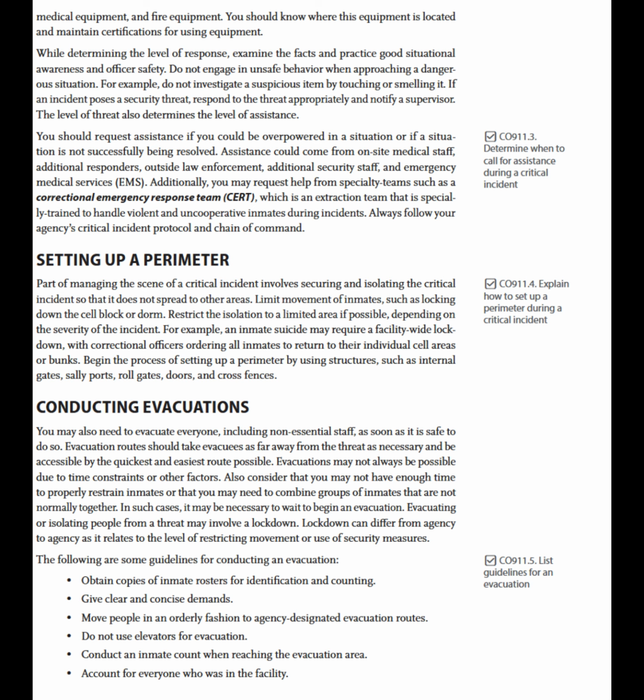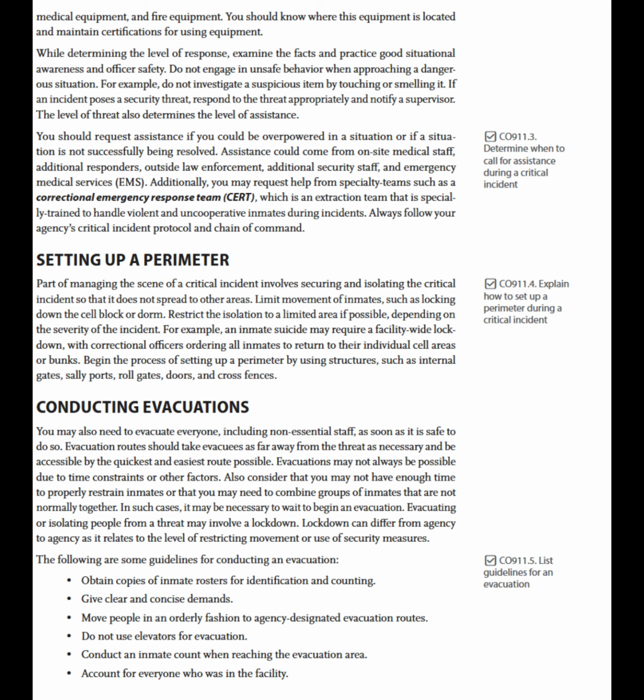Evacuating or isolating people from a threat may involve a lockdown. Lockdown can differ from agency to agency as it relates to the level of restricting movement or use of security measures. The following are some guidelines for conducting an evacuation. Obtain copies of inmate rosters for identification and counting.